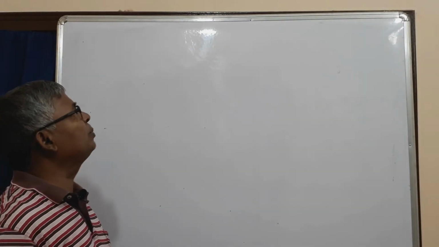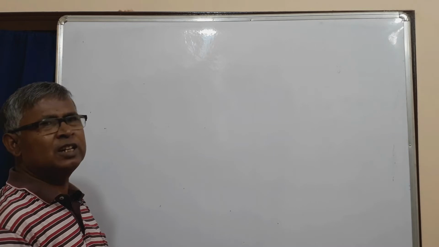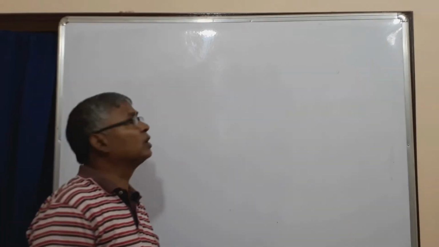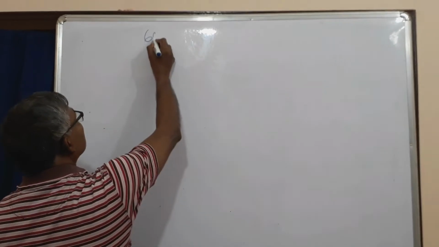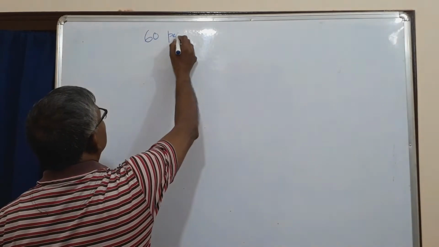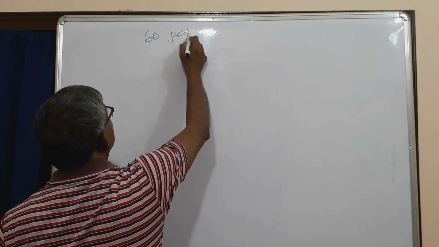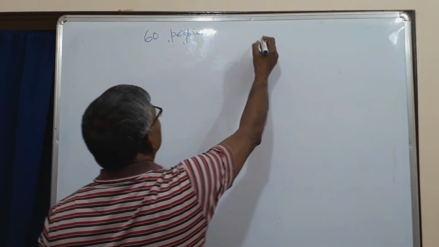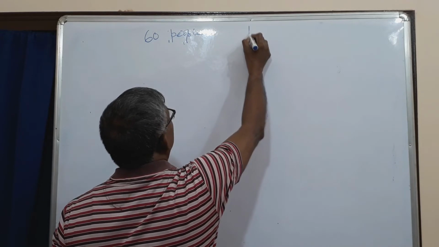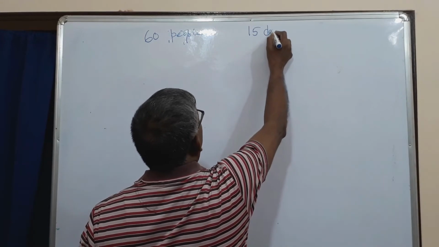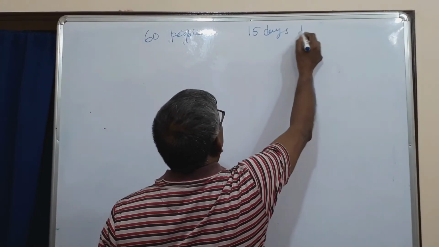Now see an application of inverse variation or inverse proportion. Suppose in a camp of 60 people, there is food for 15 days.